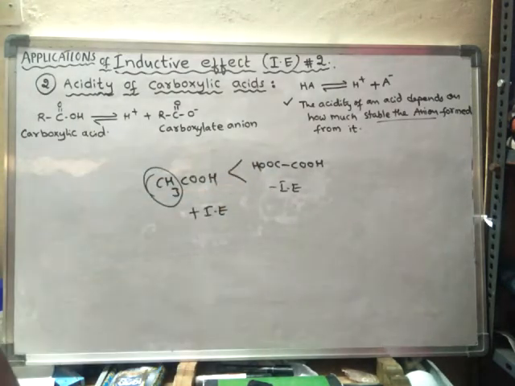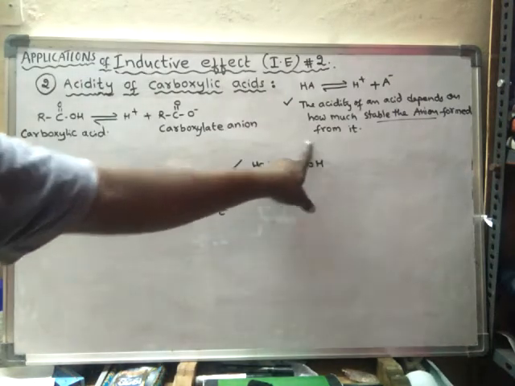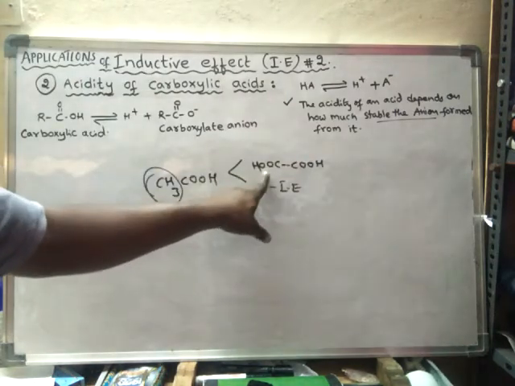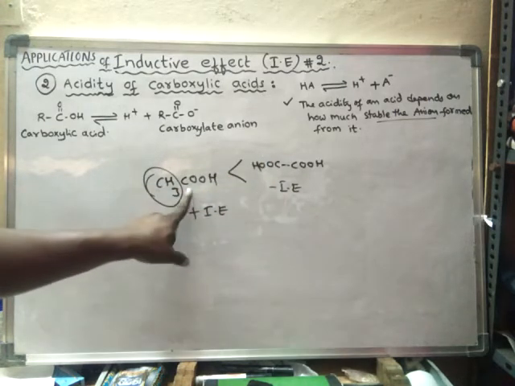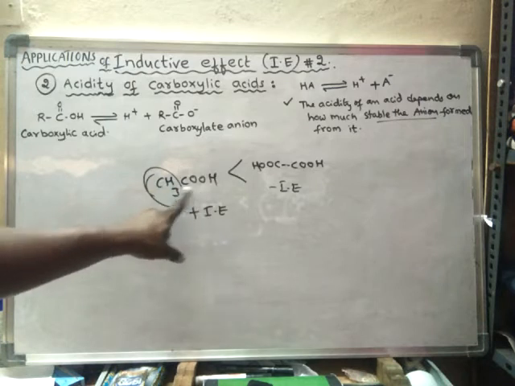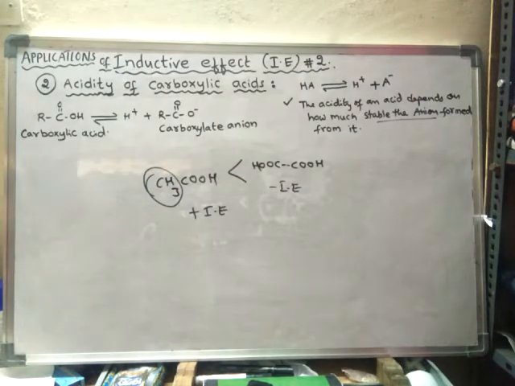COOH is a minus I group, so here to this COOH group, COOH is attached, but here CH3 is attached, a plus I group.